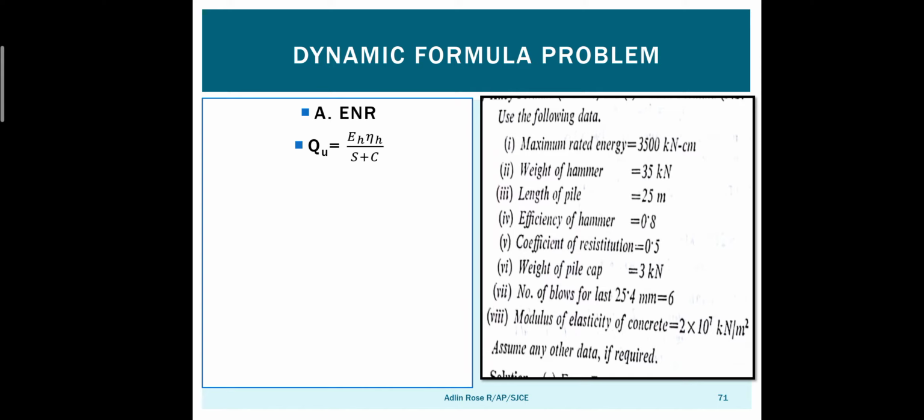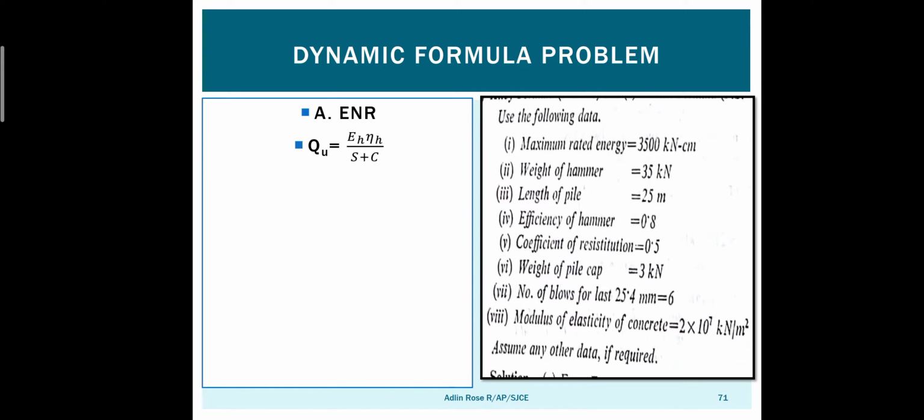Efficiency of hammer. It is given in the question as 0.8. Then S. S is set per blow. How much centimeter penetration there is and how many blows is given.